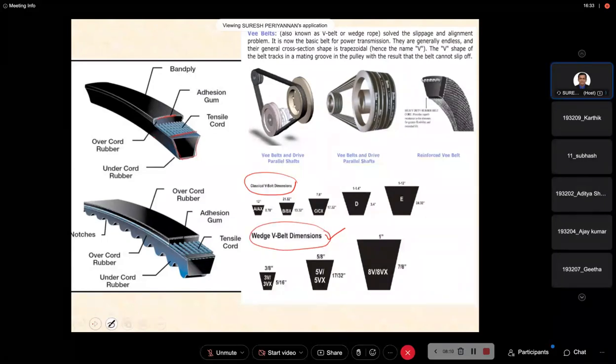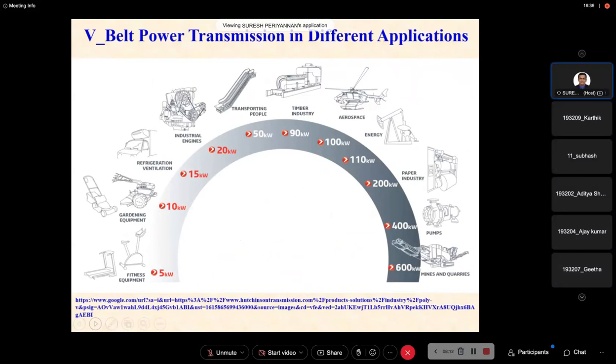Now I come to V belt power transmission in different applications. In fitness equipment, we are using V belt for up to 5 kW. In gardening equipment, 10 kilowatt. In refrigeration and ventilation machines, we use V belt for transmitting 15 kilowatt.